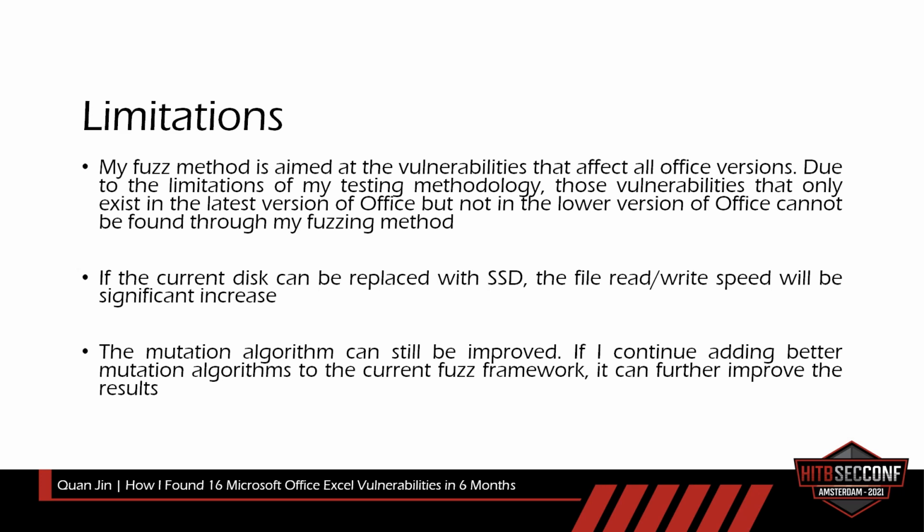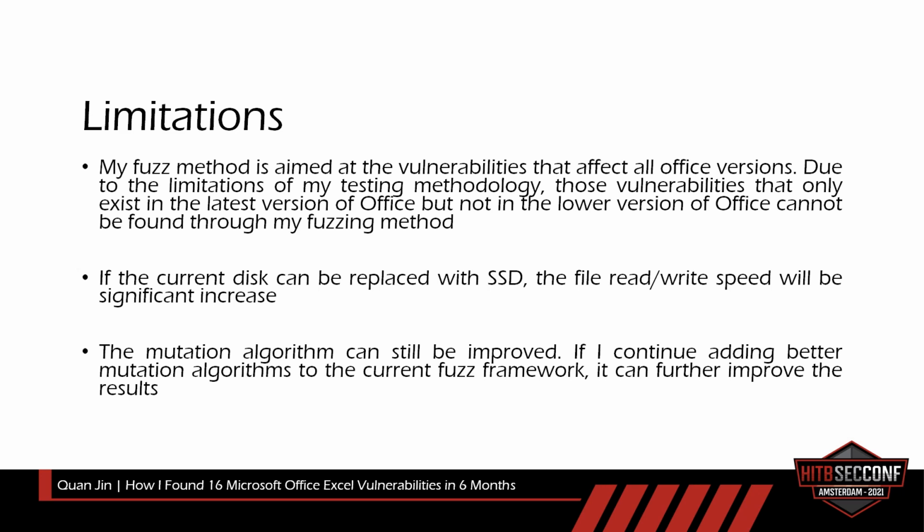The mutation algorithm can still be improved according to observations. After translating the Hunger fuzz mutation algorithm to my custom fuzzer, the fuzz output increased significantly, which shows that an effective mutation algorithm can greatly improve the fuzz output.